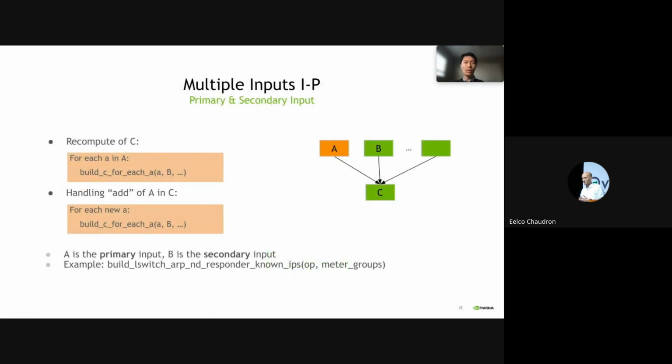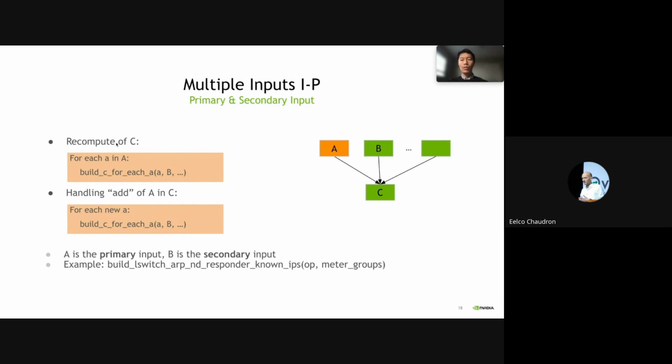Another challenge for incremental processing is when there are multiple inputs and we want to implement incremental processing for more than one input. In this example, A is the primary input of C, and B and other inputs are secondary inputs.